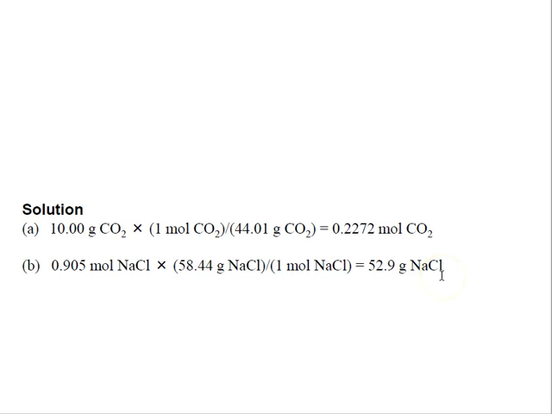Again, just like when you're working through conversions, make sure that you can cancel the units first, then put in the numbers. And as you practice, you can do it all at once. So 0.905 moles sodium chloride times 58.44 grams of sodium chloride divided by 1, we get 52.9 grams of sodium chloride. 3 significant figures here, so 3 significant figures in our answer.